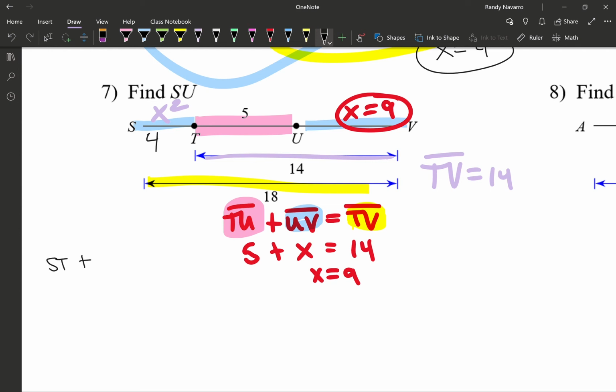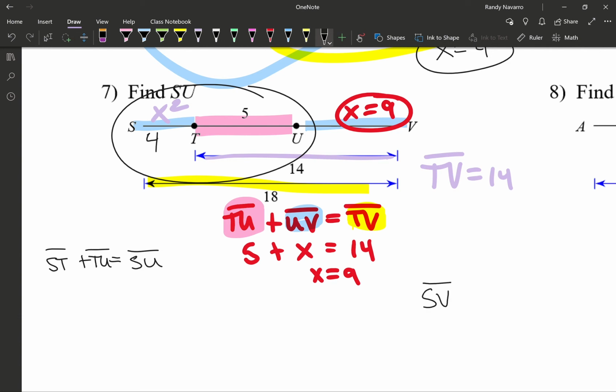ST plus TU equals SU. That's what we're trying to figure out. What we did here is that we did SV, which is the yellow, minus TV, which is the purple one, so that's 14.